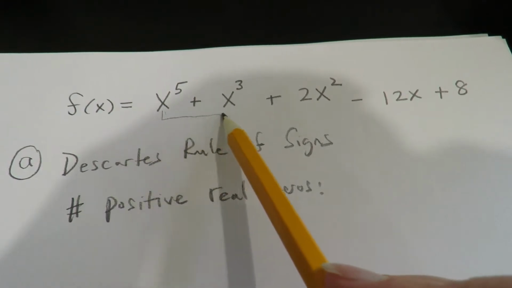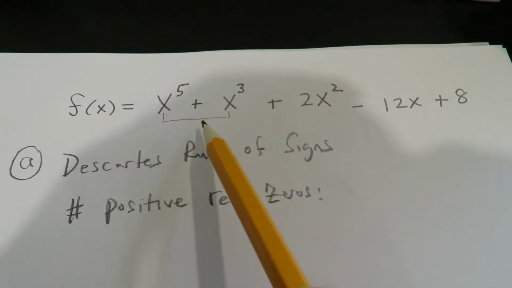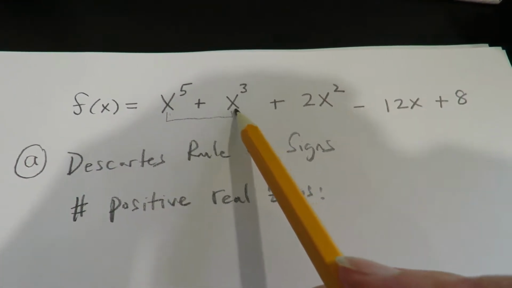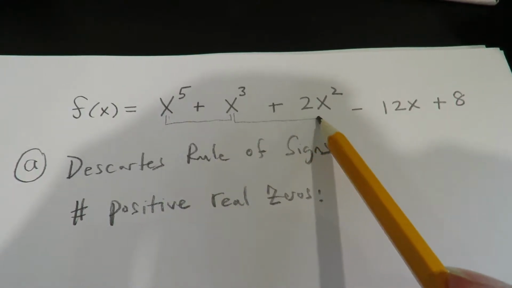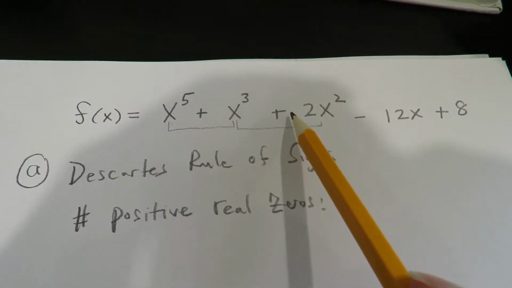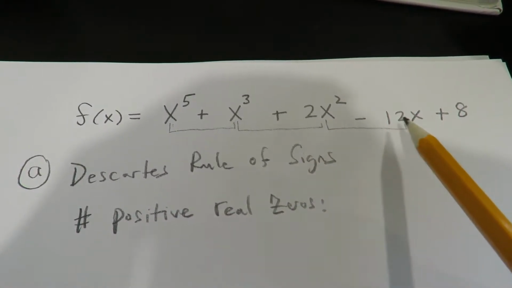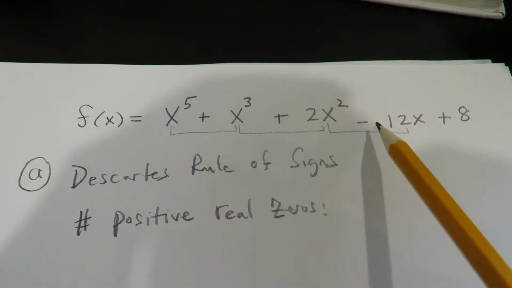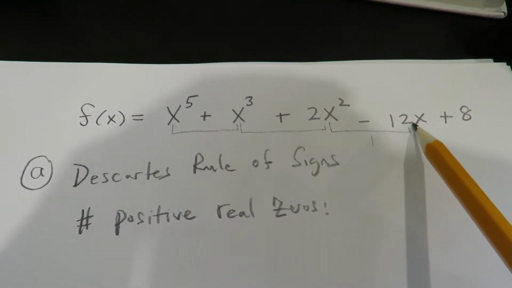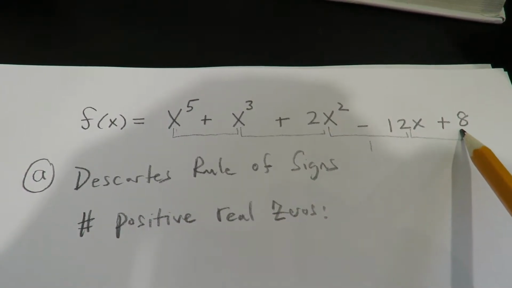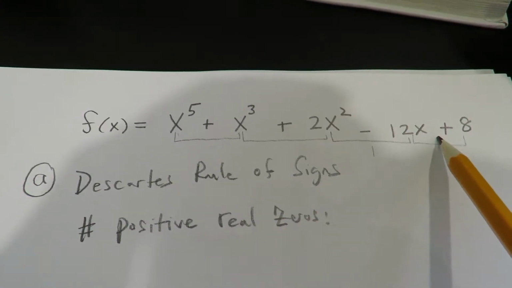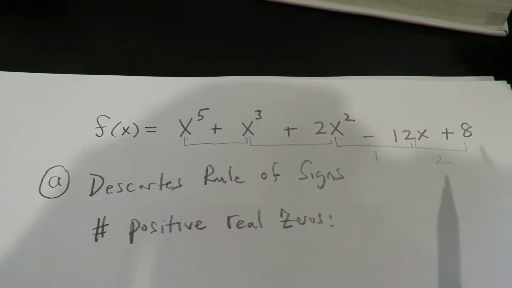So from here to here is a positive to a positive, there's no change. Now from here to here, positive to positive, no change. From here to here, positive to a negative, that's your first change. From here to here, negative to a positive, that's your second change.